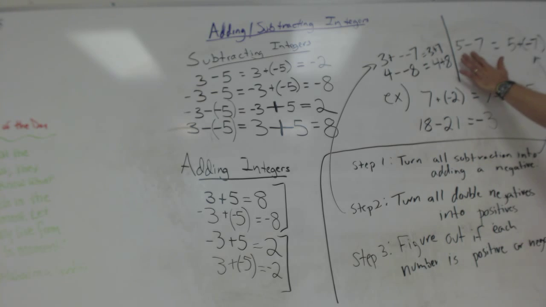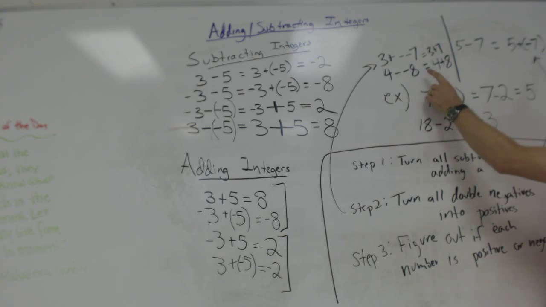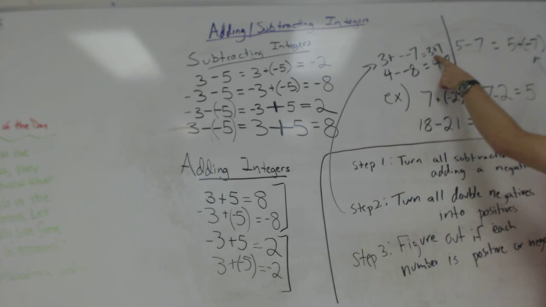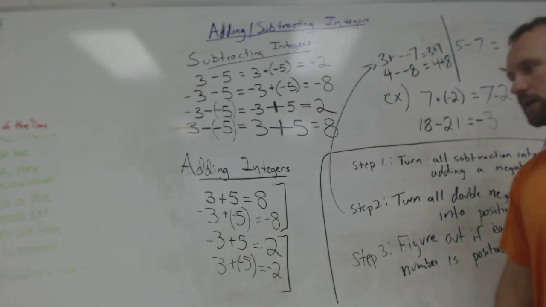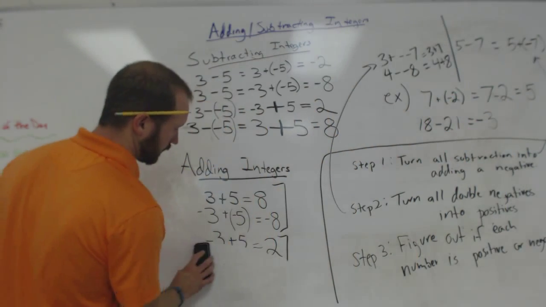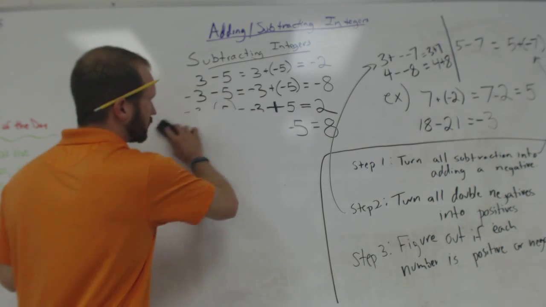So in this example, let's look here. Is 5 positive or negative? Positive. Is 7 positive or negative? Negative. Okay. In this example, is 3 positive or negative? Positive. Is 7 positive or negative? Positive. Is 4 positive or negative? Positive. Is 8 positive? Positive. Okay. So we figure out if each number is positive or negative. This is where we need to diverge. Okay?